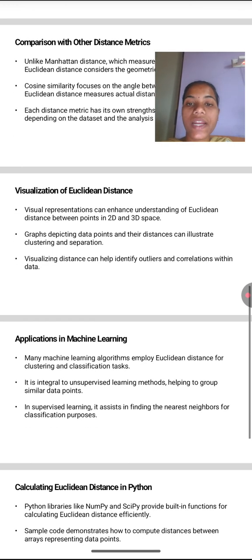Visualizing the distance can help in identifying outliers and correlation within the data points. This visual representation can help identify outliers in data and the relation between the data points in two or more dimensions.